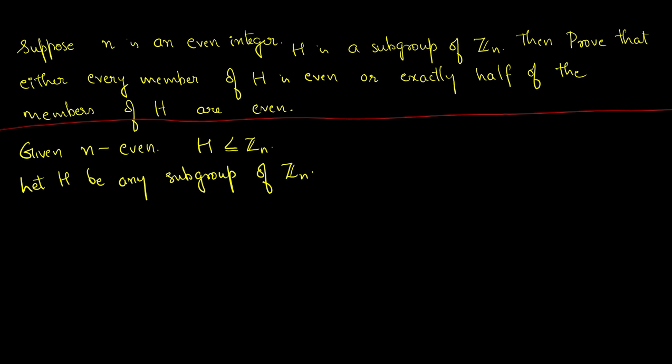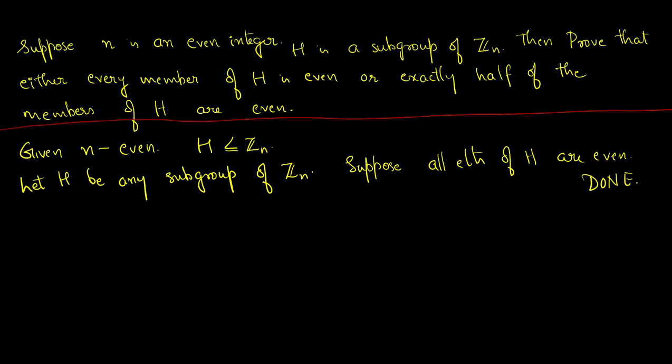Now we don't know how H looks or what the properties of H are, but just suppose that all elements of H are even. Then we are done, right? Then the proposition is proved. In that case, we are done.